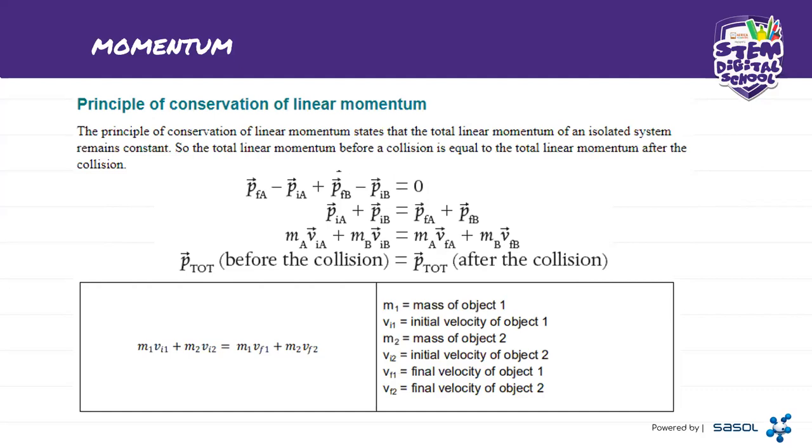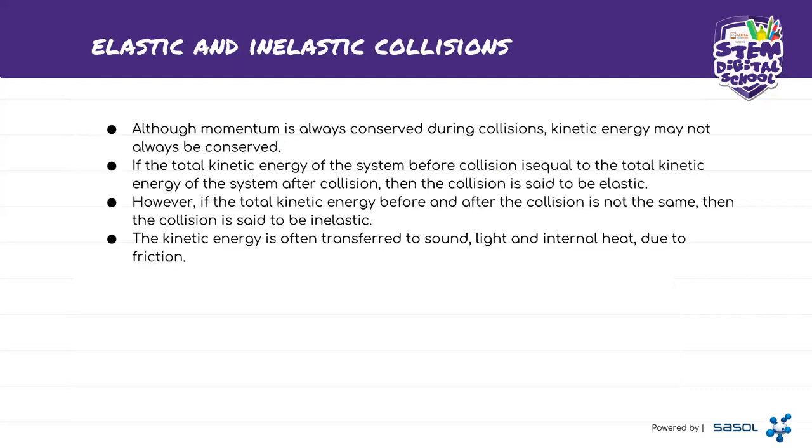However, if the total kinetic energy before and after the collision is not the same, then the collision is said to be inelastic. So make sure, grade 12, that you understand how to know if the system is elastic or inelastic. This is very important because it always gets asked in your question papers, and you need to always make sure that you have it.